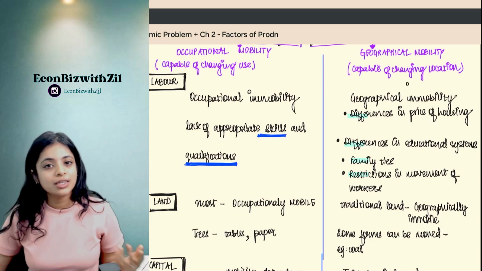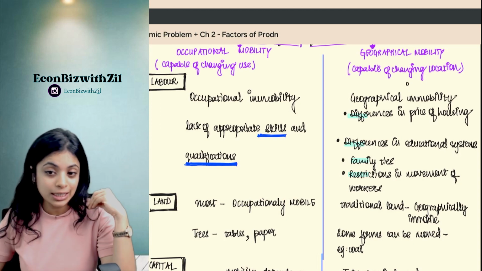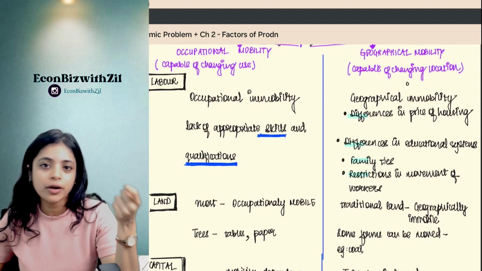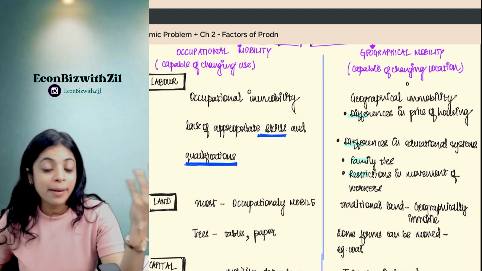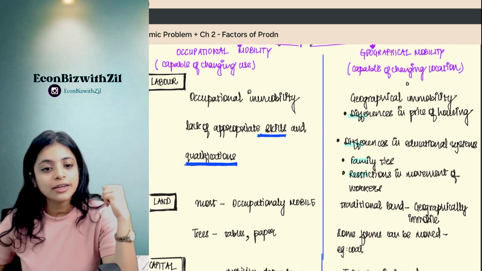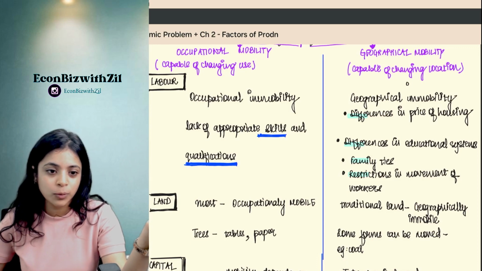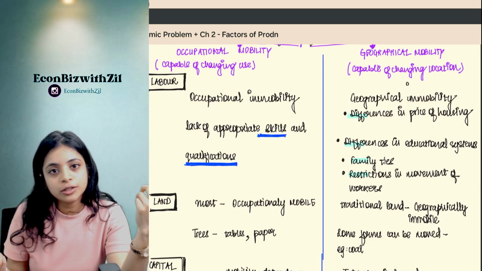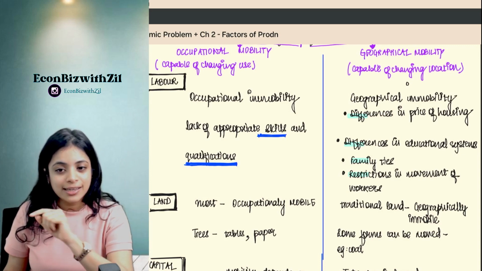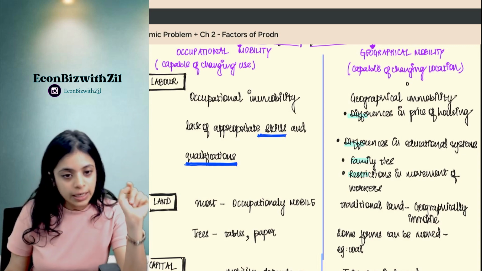Or differences in educational systems, which is, if I've taken a degree in India, that might not be a valid degree for me when I go to some other country. Or family ties, which is I'd like to stay back because of my family, so I'd like to stay in India itself. Or restrictions in movement of workers because of visa issues and the various documentation which are there. So these are the four factors which cause geographical immobility for labor.